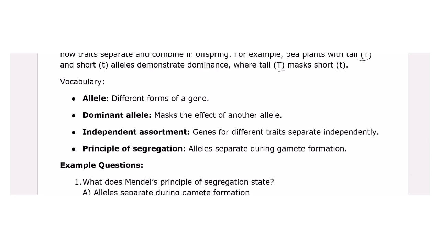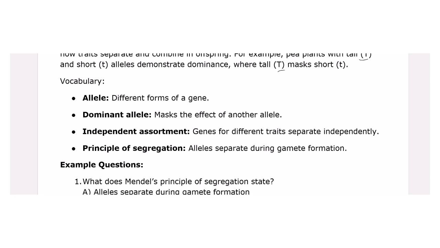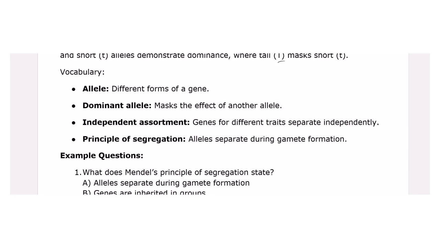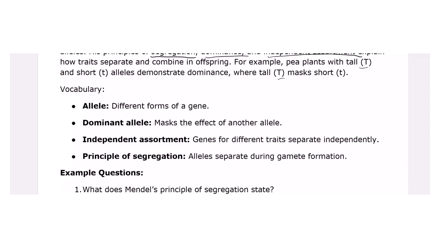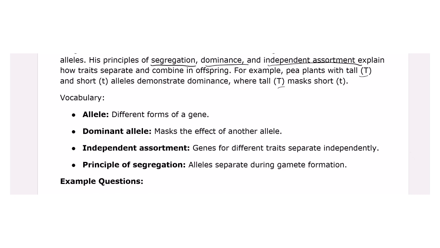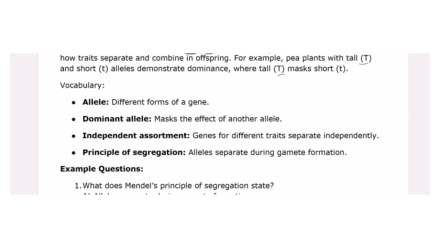Okay, independent assortment is genes for different traits separate independently. And segregation is alleles separate during gamete formation. So what's the difference between those 2 things? Dominance was that one allele would be dominant over the other. That's his first law, the law of dominance. The second law is the law of segregation, that alleles separate during gamete formation.